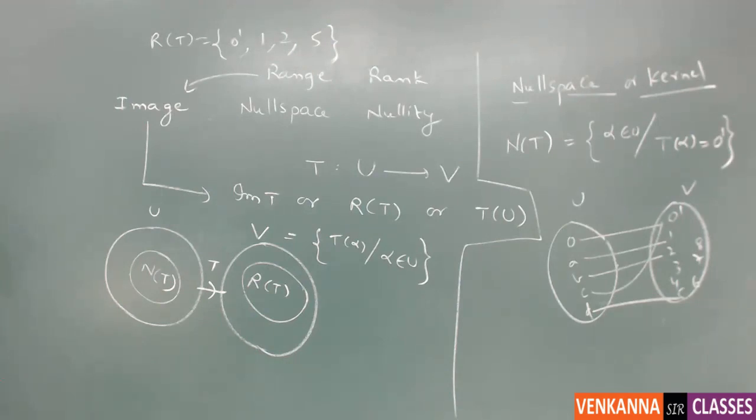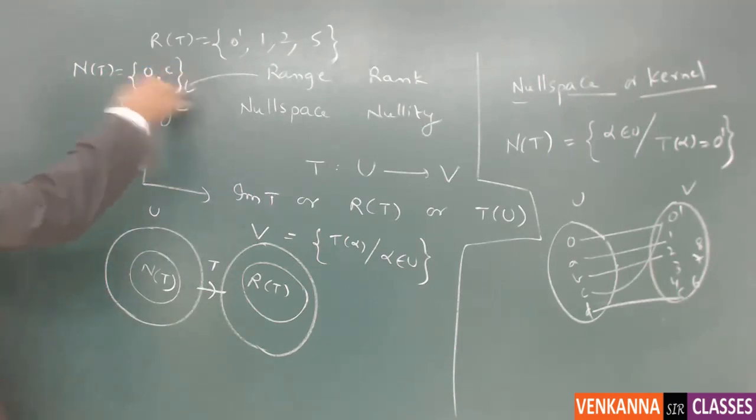And the null space of the transformation is nothing but 0, then C. Please understand that R of T is a part in the codomain and N of T is a part in the domain. Is it clear? The distinction between R of T and N of T?